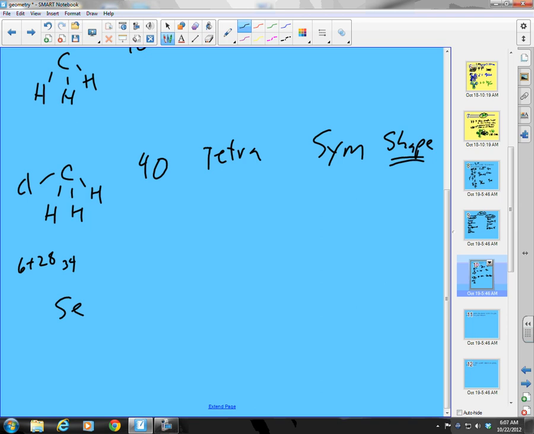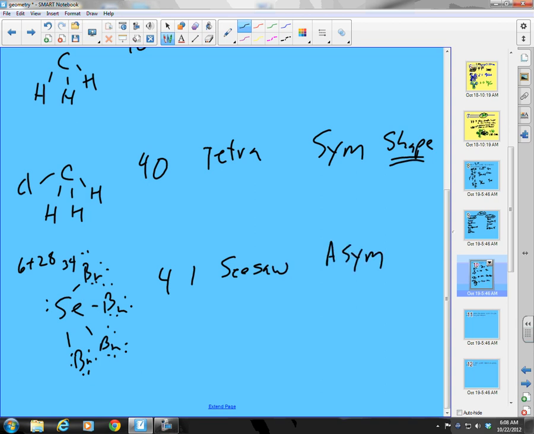Valence electrons. 1, 2, 3, 4. Complete my octet. And what is that? 8, 16, 24, 32, 33, 34. There is my seesaw. That's a 1, 2, 3, 4, 1 seesaw. Seesaw is what? Asymmetric in shape.